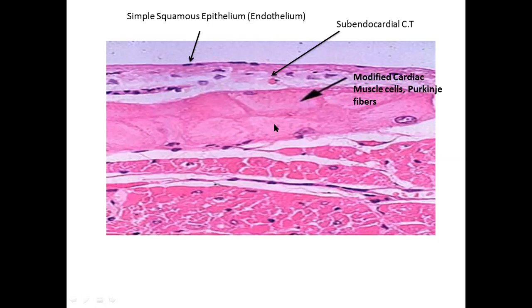The reason for the light staining of these Purkinje fibers is simply because they are not the contracting units, they are conducting units, so they must have less amount of contractile proteins. The lesser amount of contractile proteins in their cytoplasm is giving the cytoplasmic staining the lighterness.